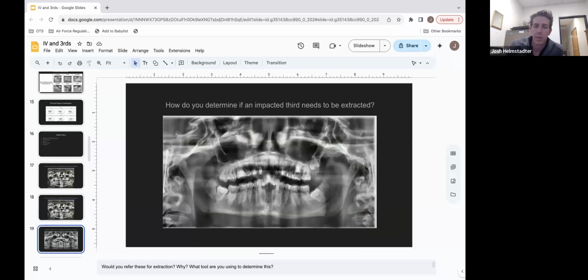But in this pano, number 17, the sulcus was intact. I was getting 3 millimeter pocket depths, no communication to that third molar. So I elected to just monitor that. With where it's situated, when there's no communication, there's almost no chance of decay forming on that second molar. And chance of resorption doesn't look likely in this case either.